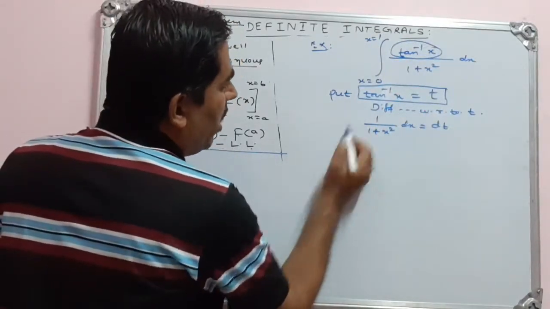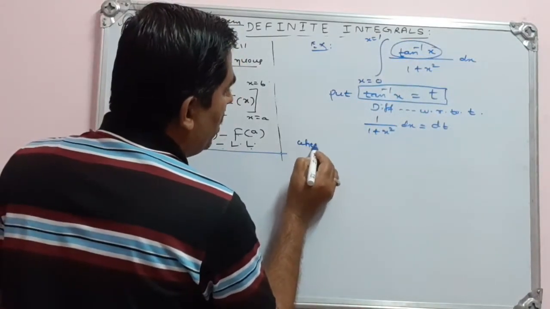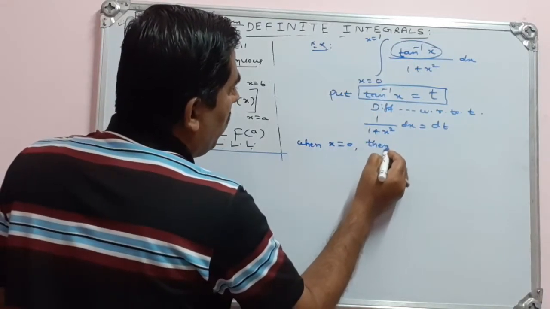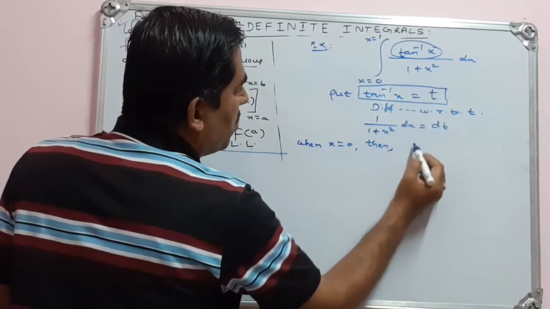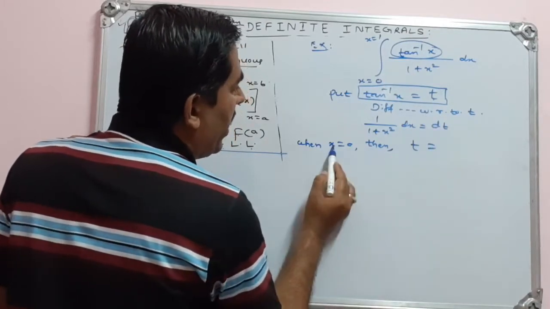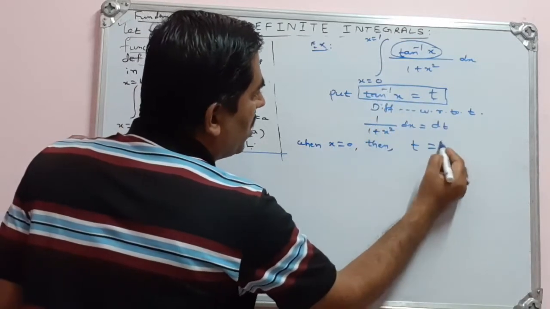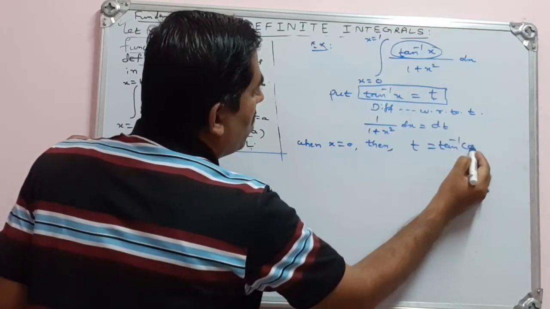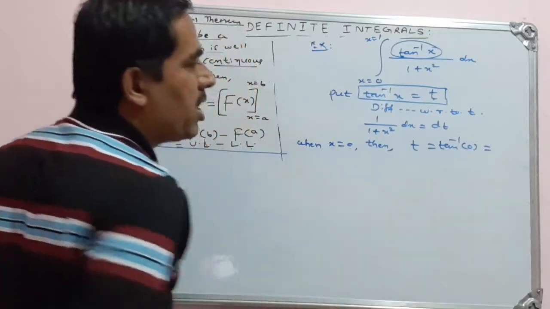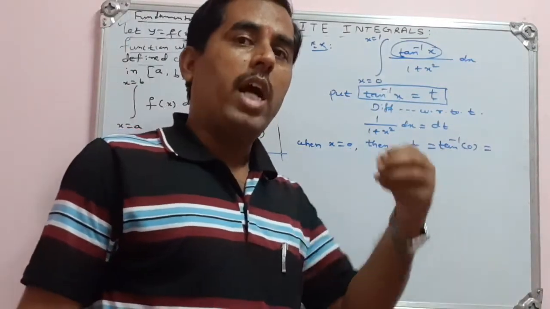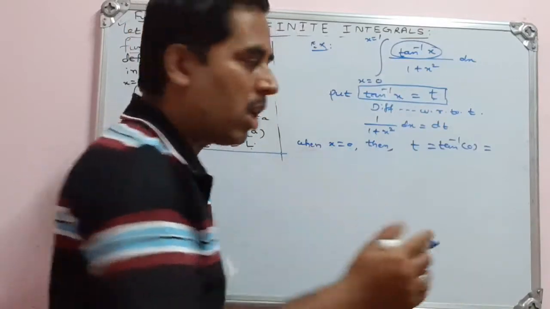Now we have to change the limits. How can you change the limits? When x is 0, t is equal to tan inverse 0. Tan 0 is 0, therefore tan inverse 0 will be 0 only.